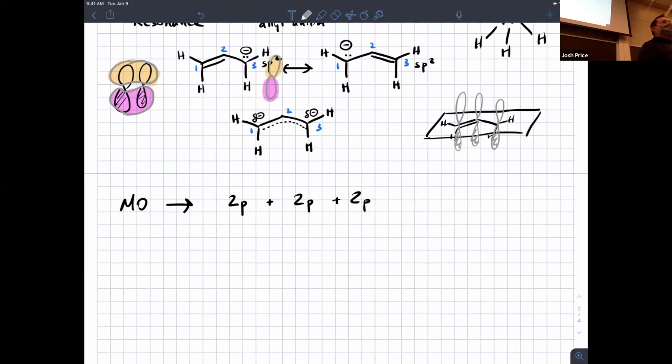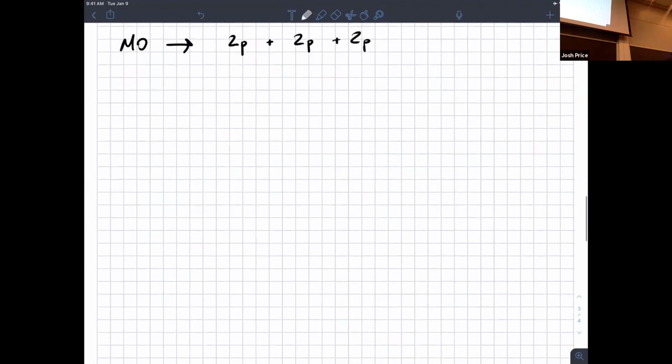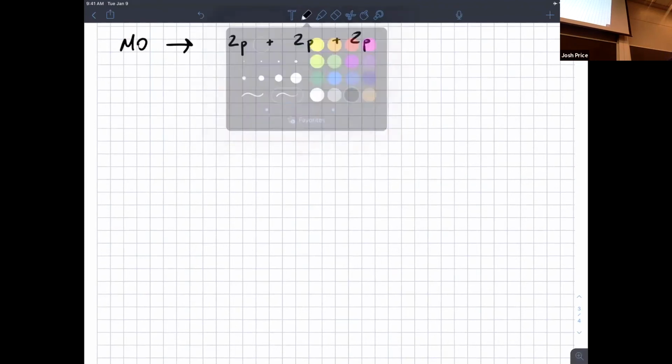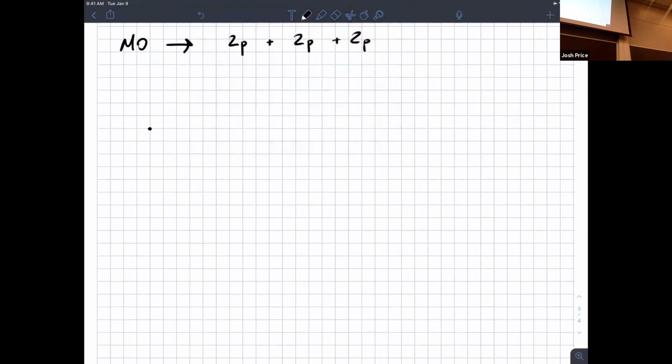Okay, so according to MO theory, you're going to take the 3 orbitals and add them together to get 3 new MOs out. And the easiest way to see where this comes from is to start. I'm going to use dots here to indicate the positions of carbons 1, 2, and 3. And we're going to start with 2.